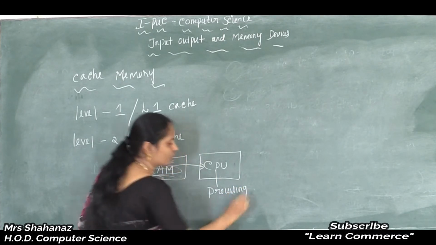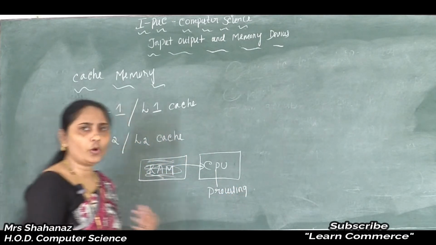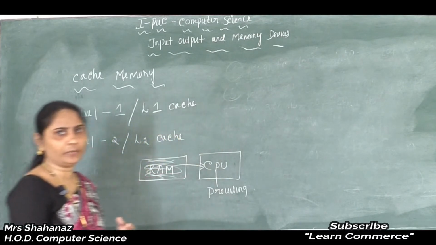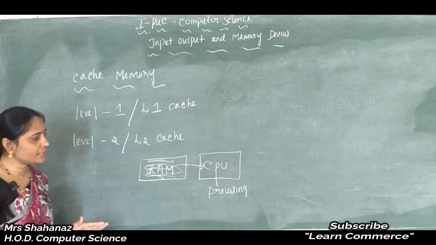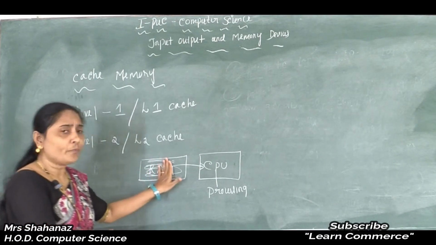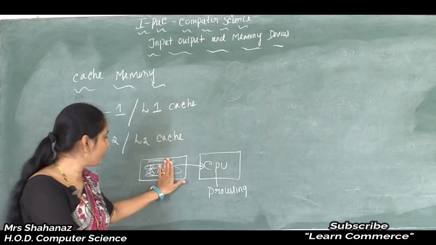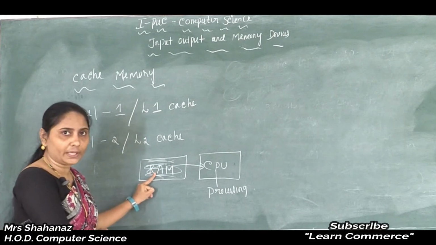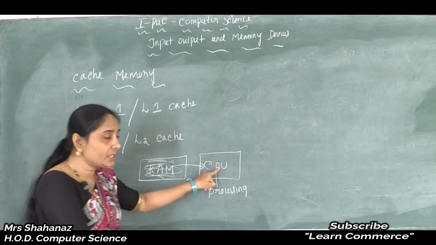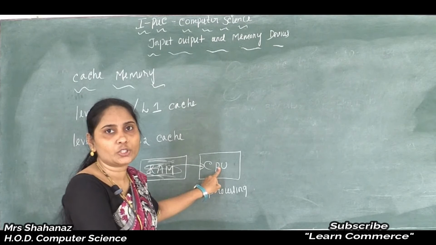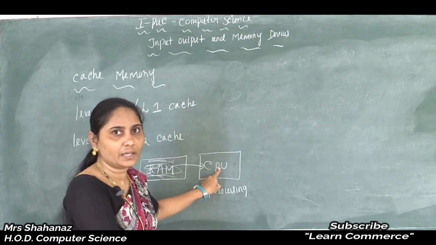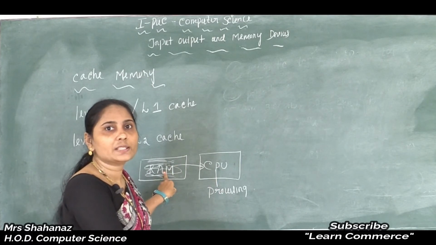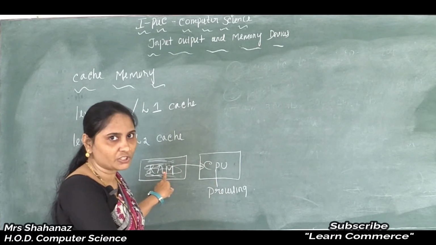We know all of this information from the first chapter only. So in this case, whatever data is going to move from the main memory, that is called the RAM, to the CPU is a time consuming operation. The meaning of time consuming operation is that the main memory is very slow. Clear this point here?